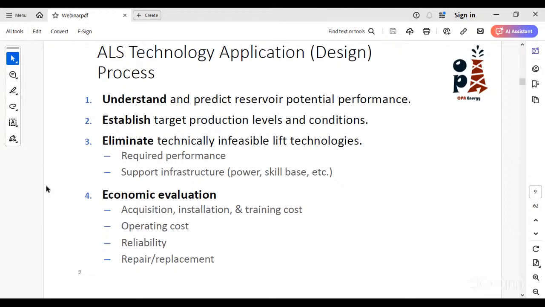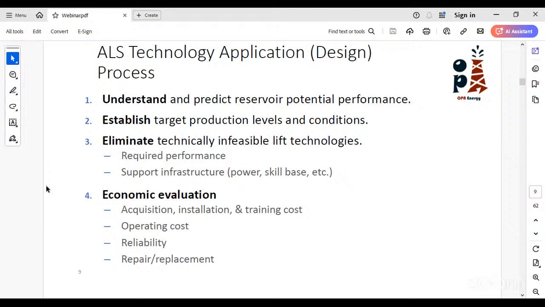You can also eliminate the technically infeasible lift technologies. As I told you, if you are offshore, it is totally different from the onshore application. If you are producing sand, it's different from producing sweet oil and so on.